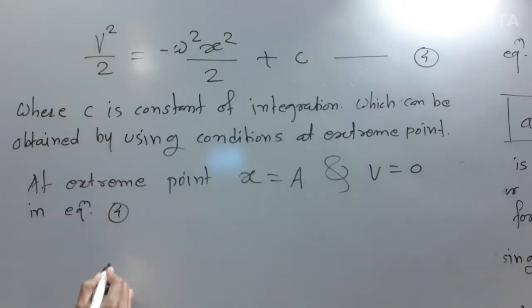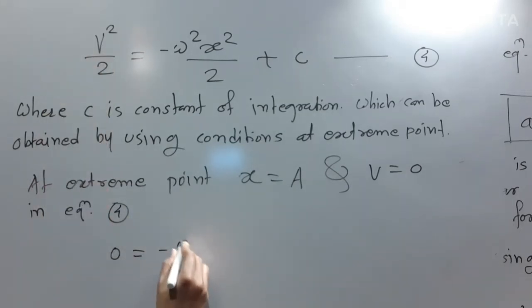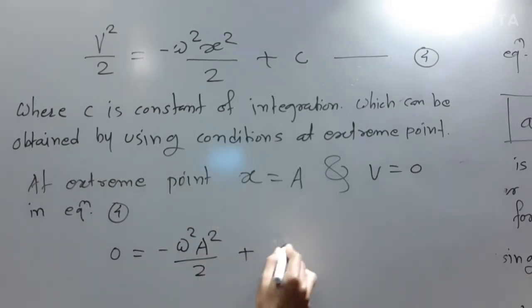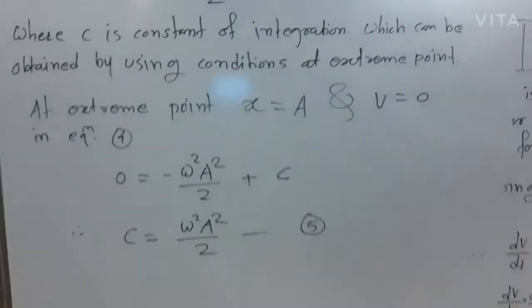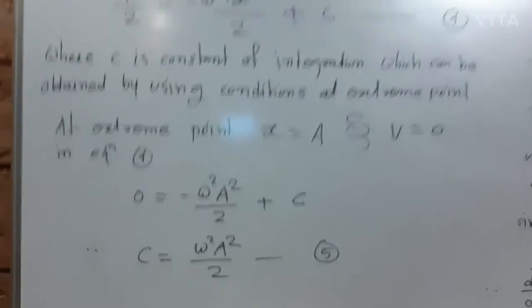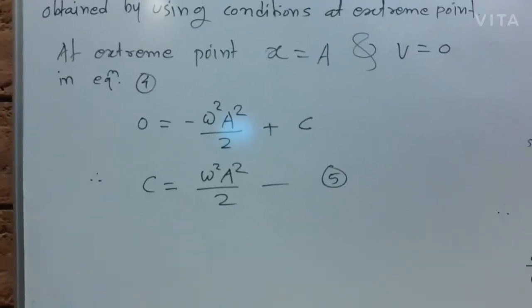And therefore here 0 is equal to minus omega square a square by 2 plus c. And therefore c is equal to omega square a square divided by 2. Denote it as equation number 5.